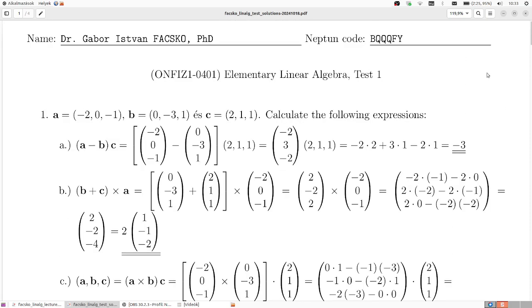many of you didn't understand the concept of scalar product. Where am I? Here. So you have two vectors.